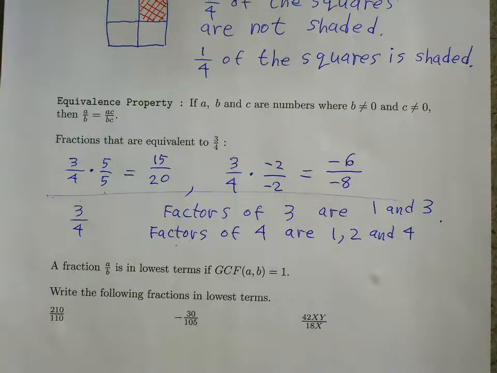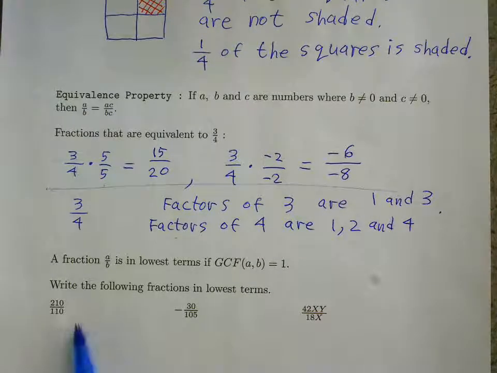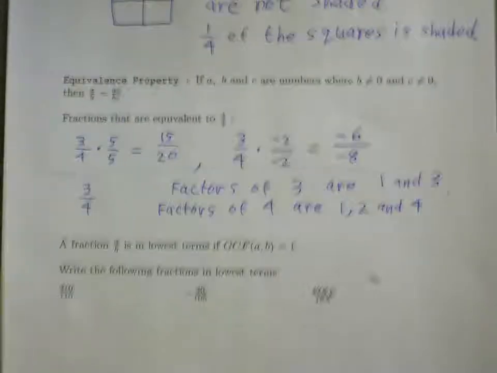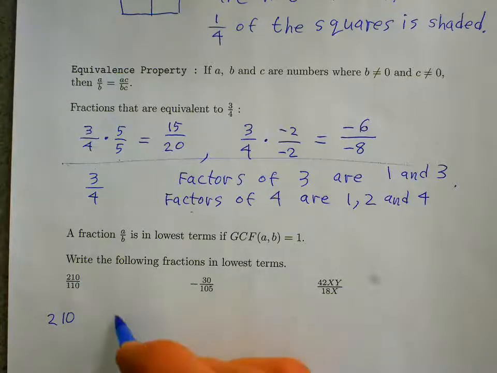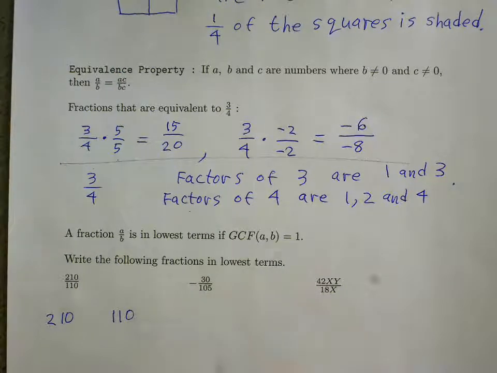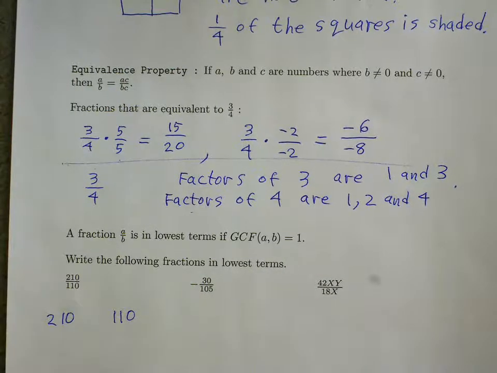Okay, so here are some fractions, and we want to write the following fractions in lowest terms. One strategy for doing that is to find all of the factors of the numerator and then find all of the factors of the denominator.